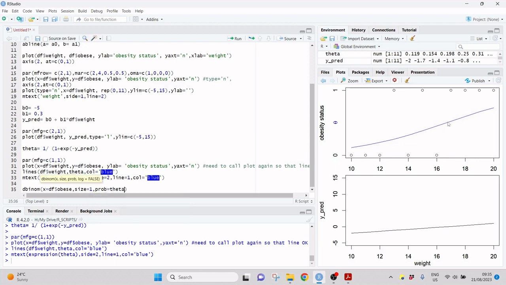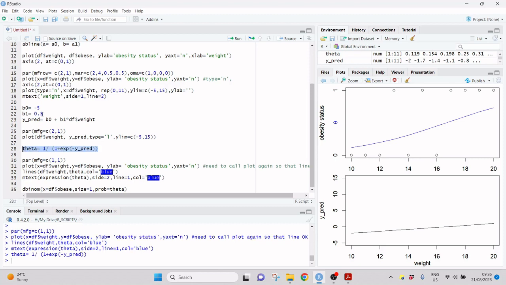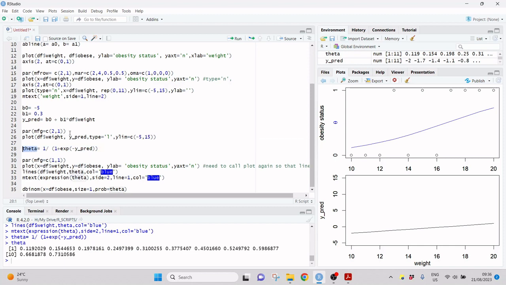and this one would be our line, our theta. So now, okay, this is plotted here as a line, but what we actually did calculating this theta is we say for each point where we have a weight, we calculate a theta parameter. So this is actually not something continuous, but this is a vector, which has one of these theta values, one of these coin biases for each of our weights.